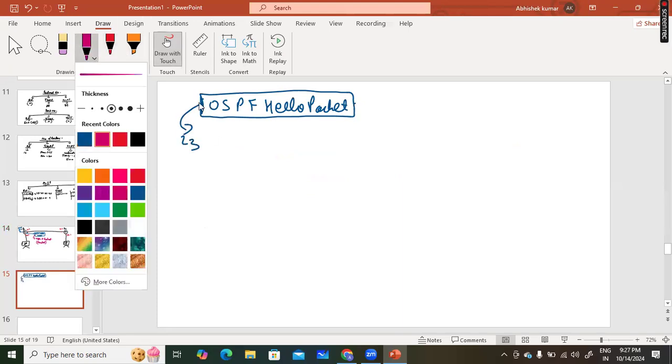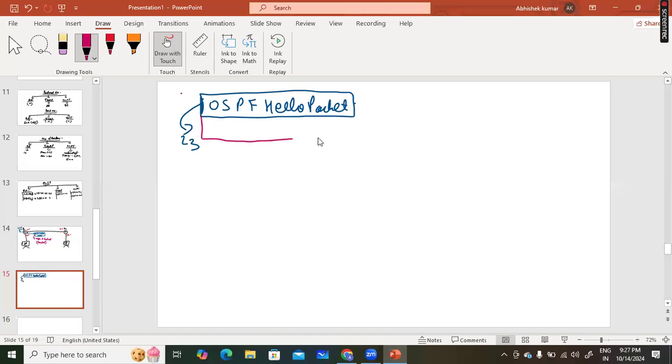What will layer 3 do? It will attach its header. Source IP 10.1, destination IP 224.0.0.5, and your protocol number, which is 89.